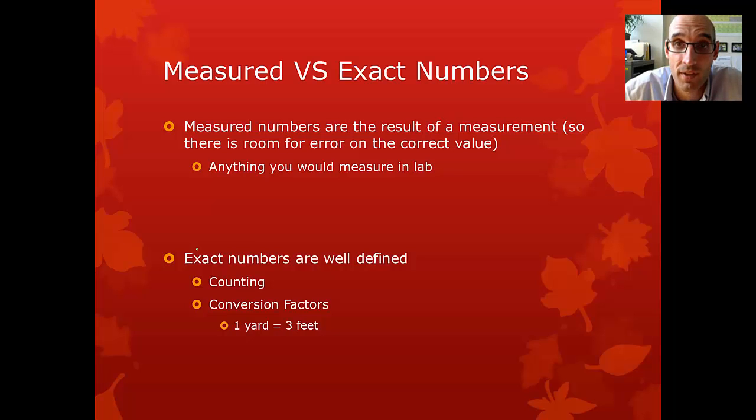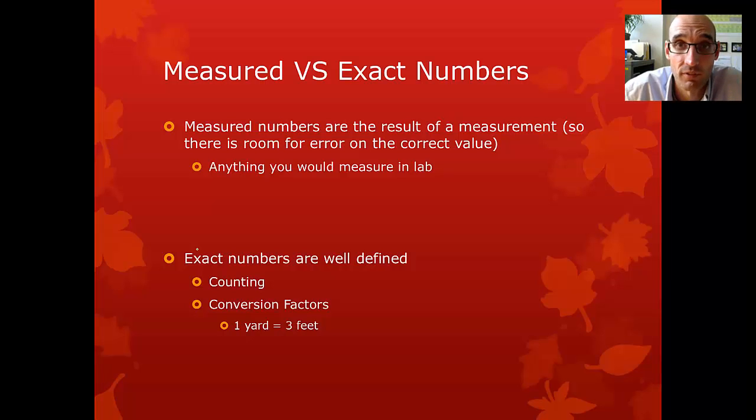So anything we measure in lab, there is a little bit of room for error, right? Maybe the instrument's off a little bit, maybe it's not calibrated, maybe the student was a little hungover and not reading it properly. Doesn't really matter. The measured numbers have a little wiggle room, and those are the ones that we're really going to be focusing on today.